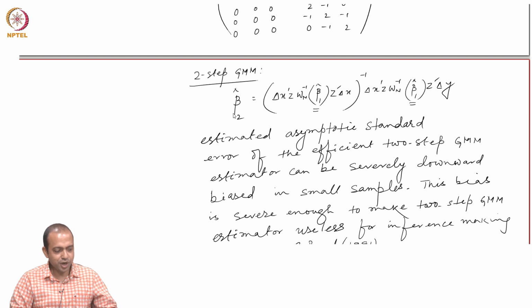So, what I will do now, we will use the same data set to understand the severity of this problem. That means, how two-step estimation can make the standard error downward biased.